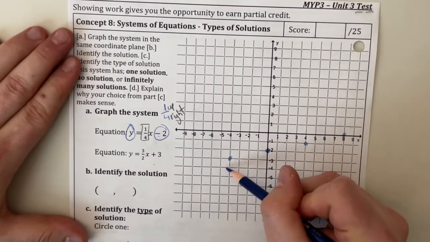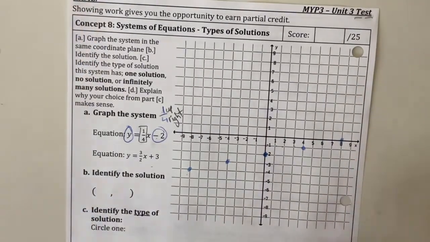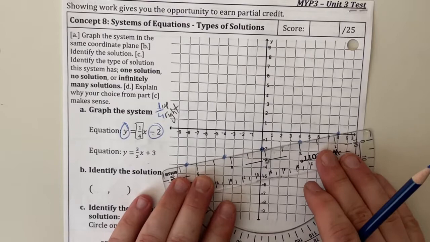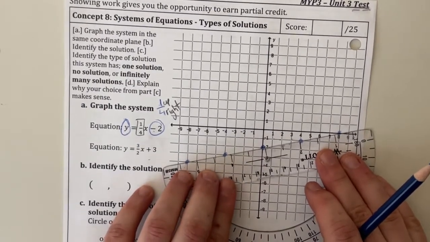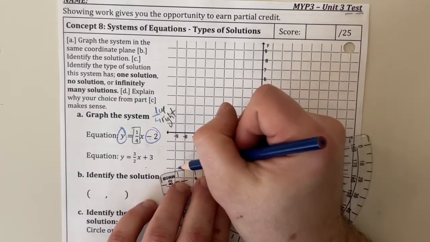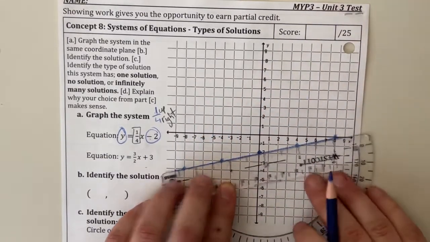Notice how it's the same pattern each time. Once I have my points on the graph, make sure the line goes through the corners on those integer values.